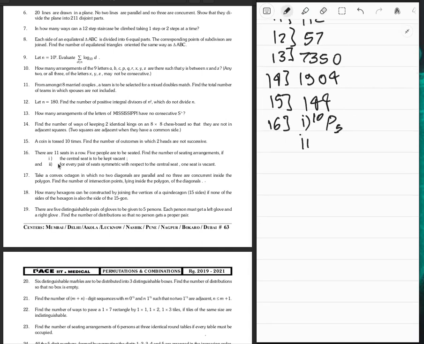The next one is for every pair of seats symmetric with respect to the central seat, one seat is vacant. Okay, one seat is vacant. Fine. So you actually have to choose in that case, right? So the central seat, is it vacant or not? Do we have to apply both at the same time?